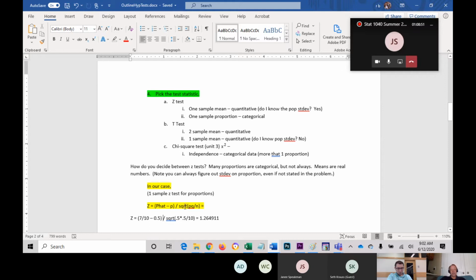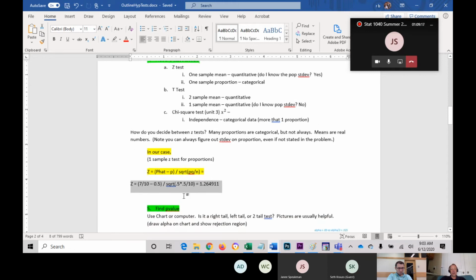We're going to divide it by the square root of pq divided by n. P is 0.5, q is also 0.5 because it's 1 minus p, divided by 10, okay? So this is the correct equation to use in our case, okay? That's going to give me a z-score of 1.26 standard deviations away, okay?